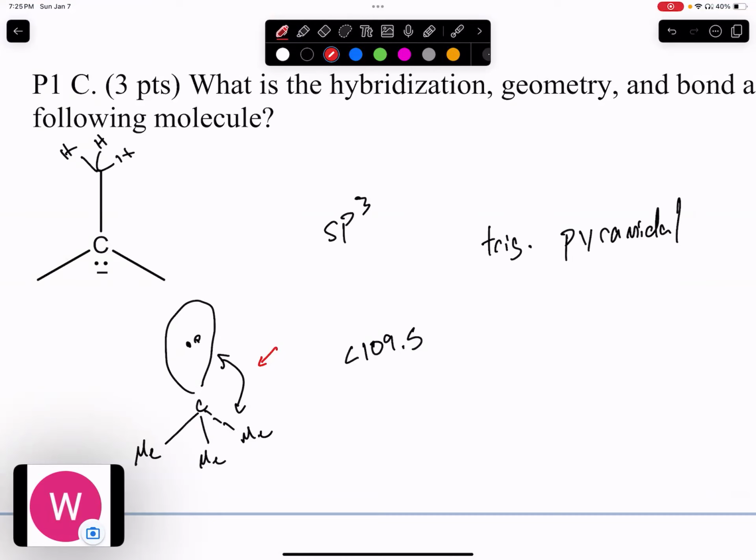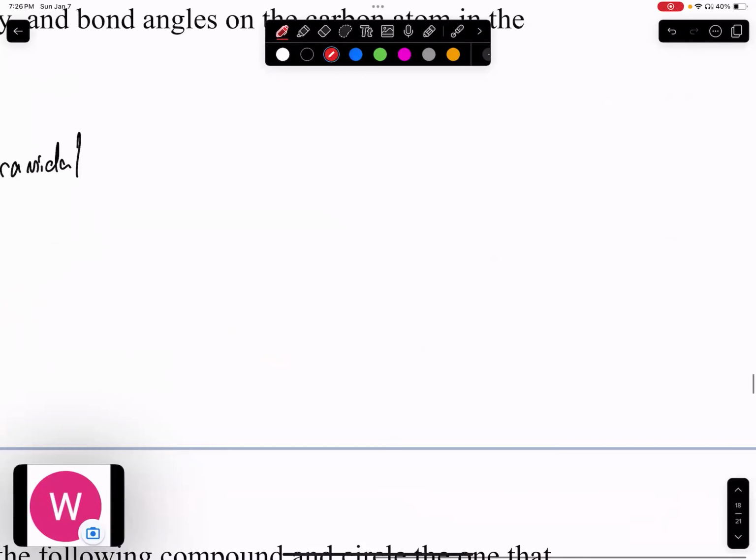So let's see. Okay, yeah, this one's easy. If I gave you something that looked like this, and I told you, what is the hybridization state, bond angle, and geometry of this nitrogen atom, what would you say?